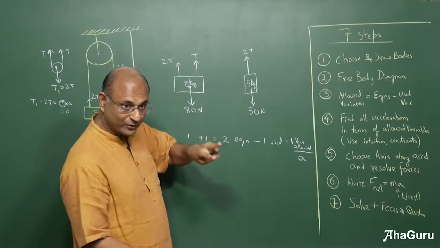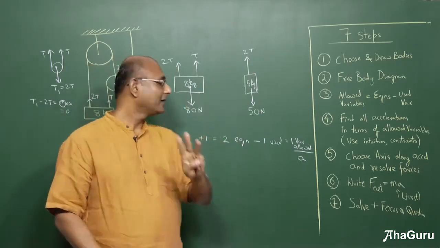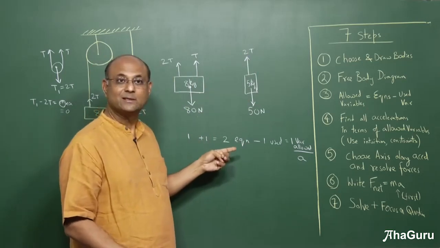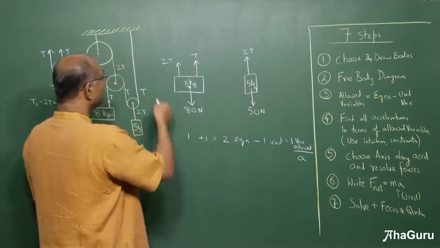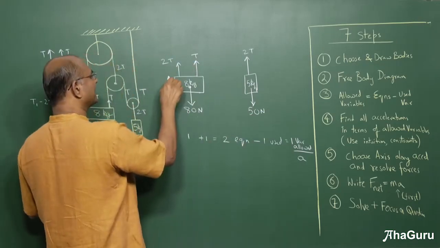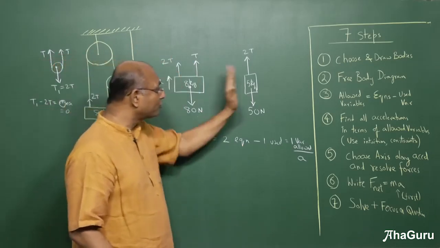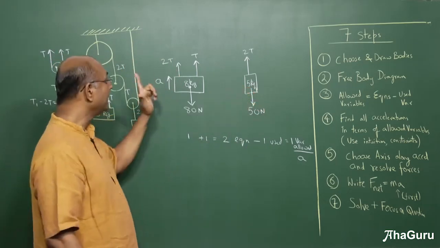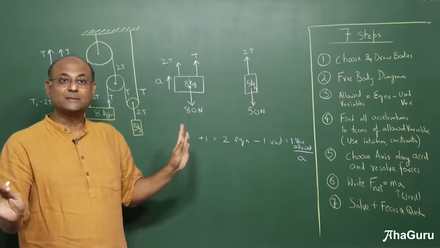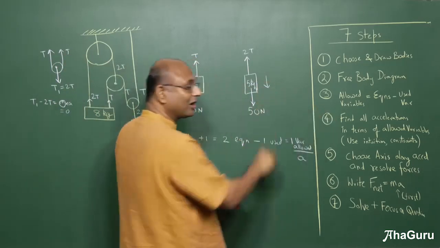Because you already have 2 unknowns, A1 and A2, and you have T, so 3 variables, but only 2 equations. So what do we do? You are only allowed 1 acceleration. So let me assume that this block's acceleration is A. You have to find the 5 kg block's acceleration in terms of A. You are not allowed any more variables. So I need to find this, and that is my job in step 4.